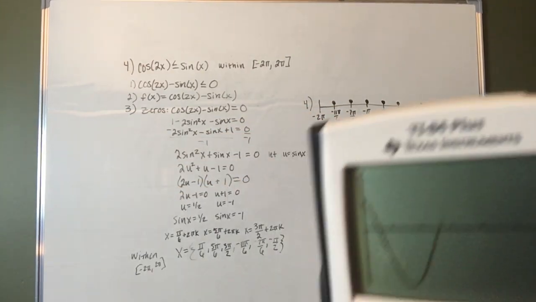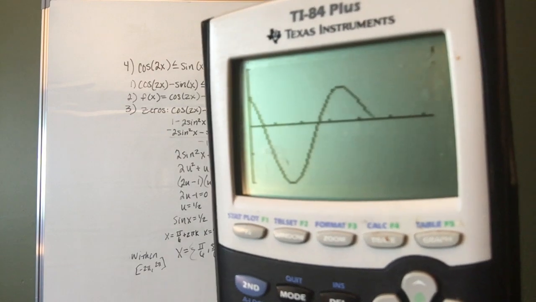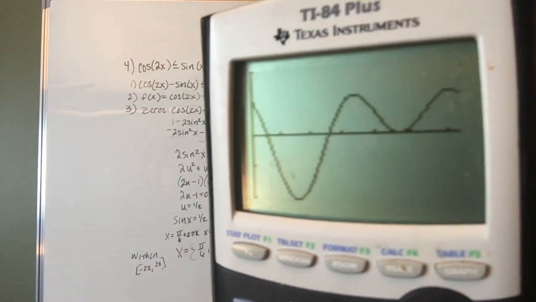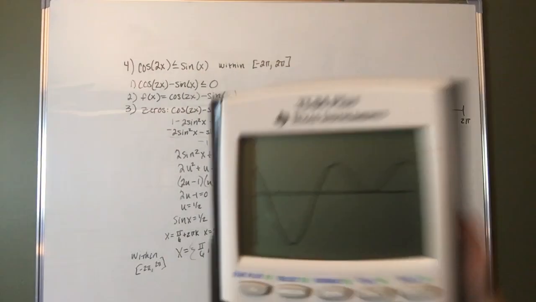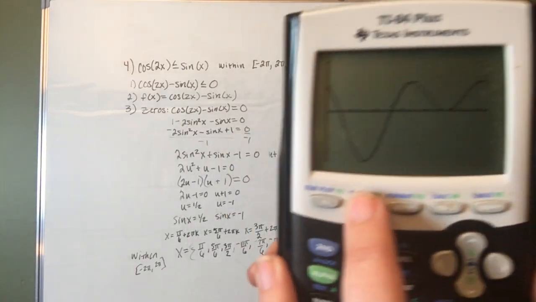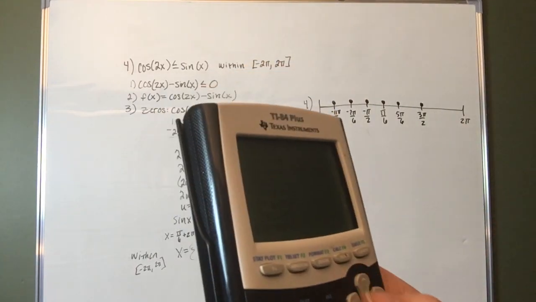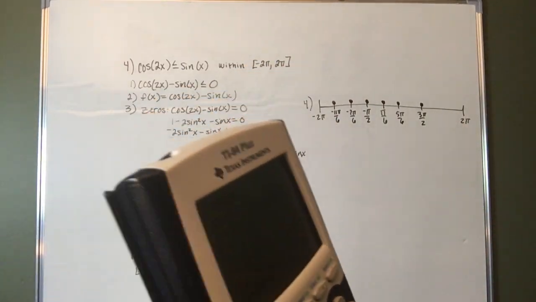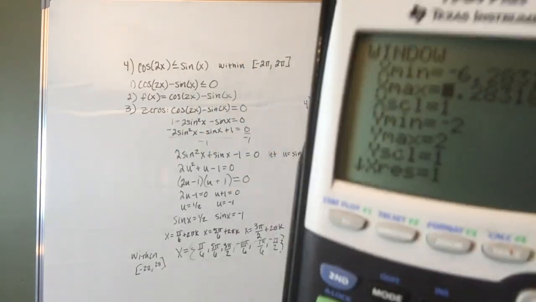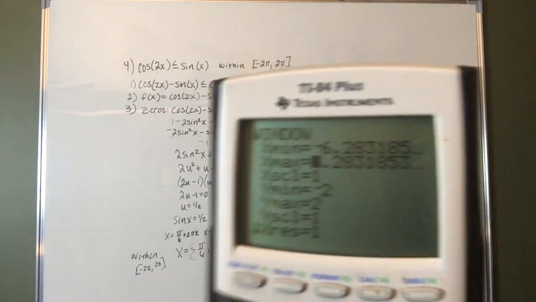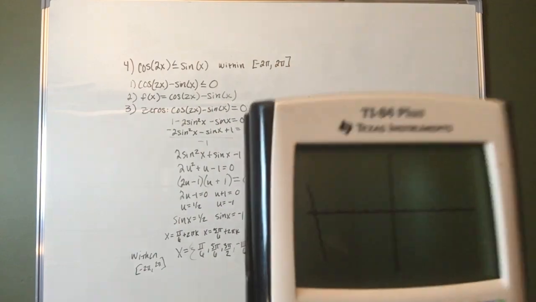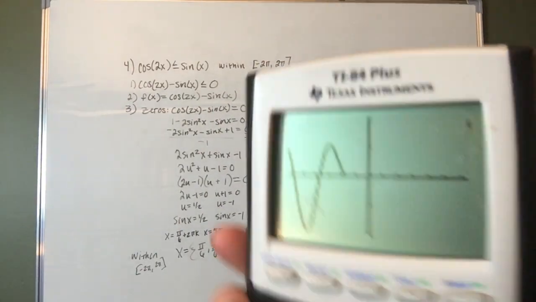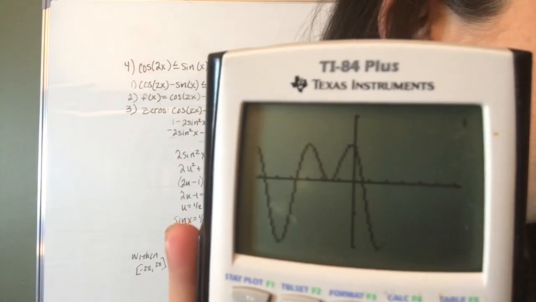I forgot to adjust the window, but that's all right. I'm going to show you what this looks like first. This was just from 0 to 2 pi, but we want -2 pi to 2 pi. So we really should go back into our window and adjust it. -2 pi to 2 pi. Then graph. And you get something that looks like this.